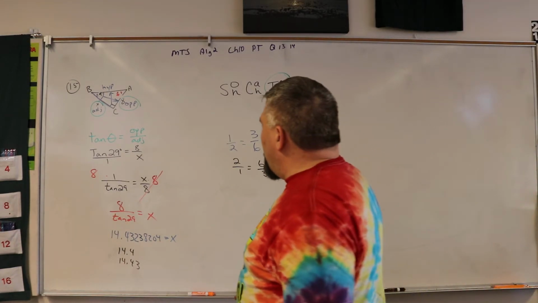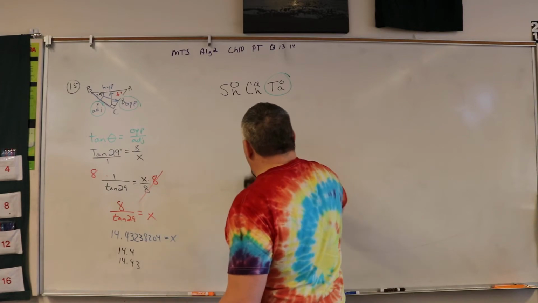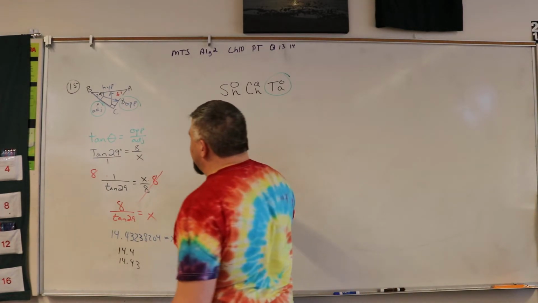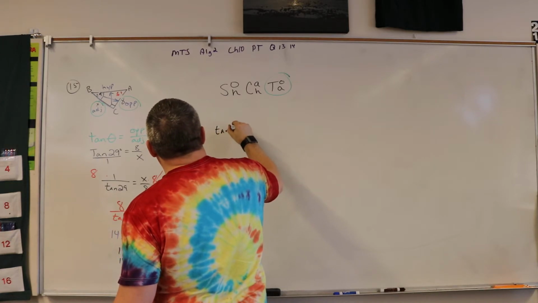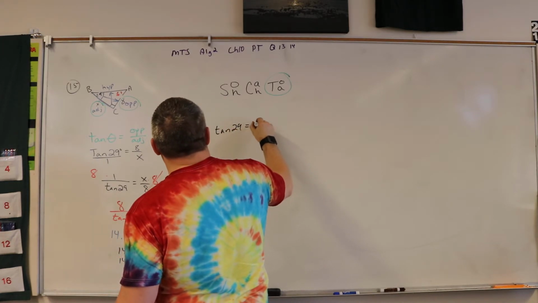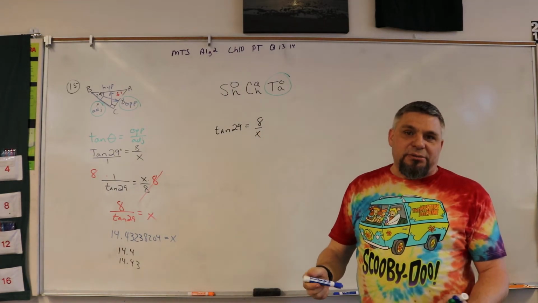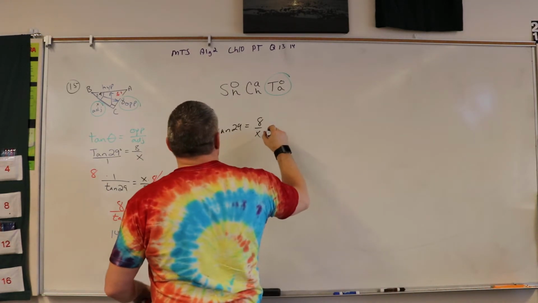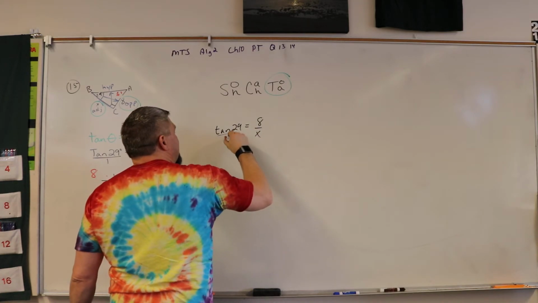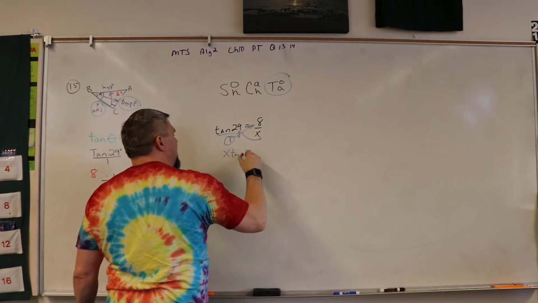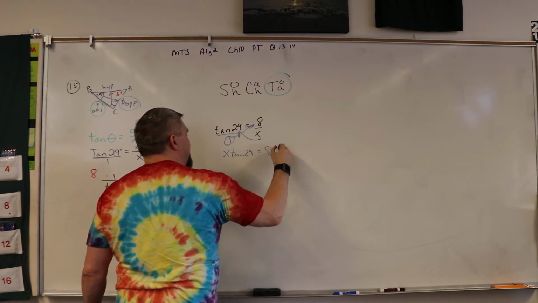We could have done it the normal way, the way the book teaches it, which is this. Tangent 29 is equal to 8 over x, and then what they want you to do is cross multiply. So I'm going to multiply this side by 1, this side by x, so I get x tangent 29 equals 8 times 1.